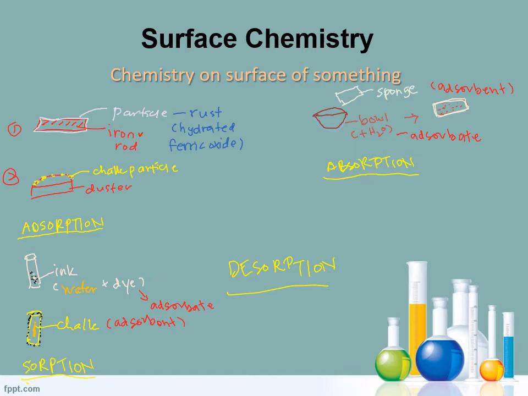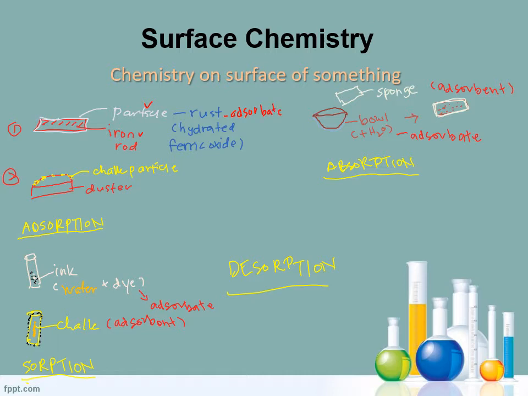On top of the iron rod, there is one layer of particles deposited on the surface of the iron rod. This particle is called rust, or the chemical name is hydrated ferric oxide. So rust is called an adsorbate.